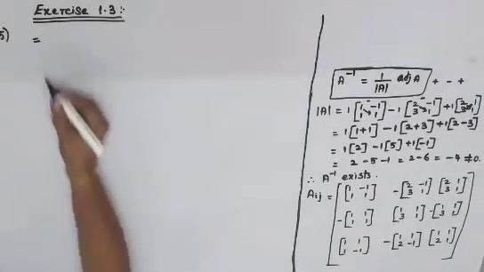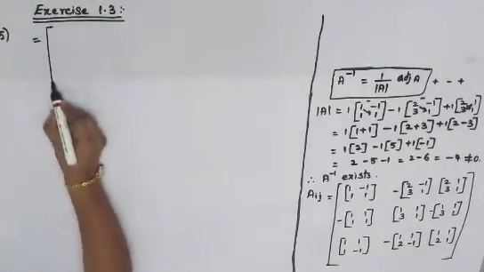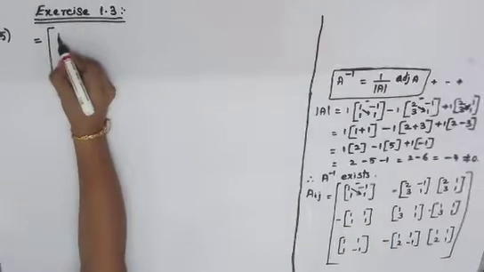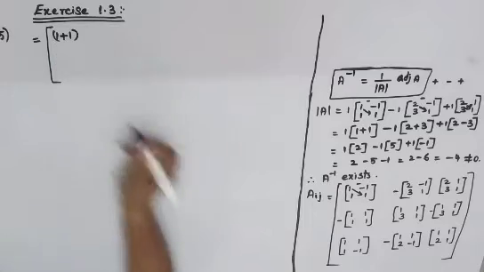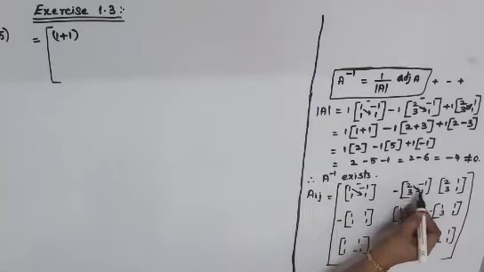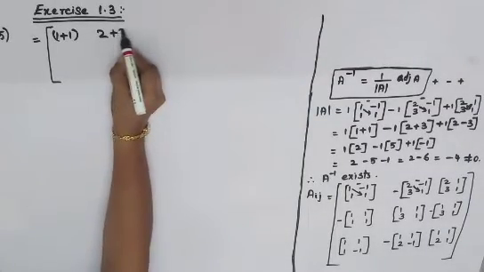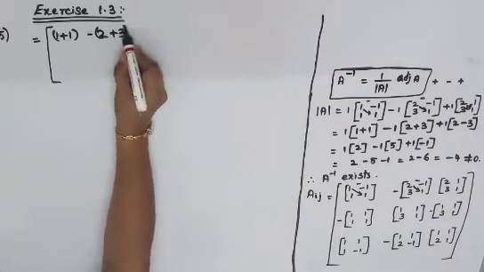So solving, open your bracket. This is 1 ones are 1. Minus will be there. So it will become plus 1. So 1 plus 1. Here 2 ones are 2, minus will be there, so plus 3. So 2 plus 3, but outer minus will be there as it is.